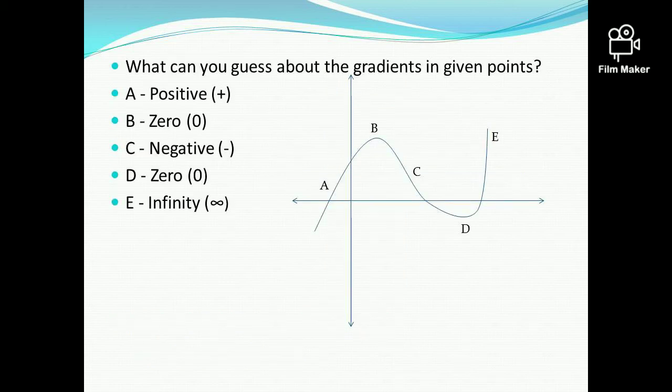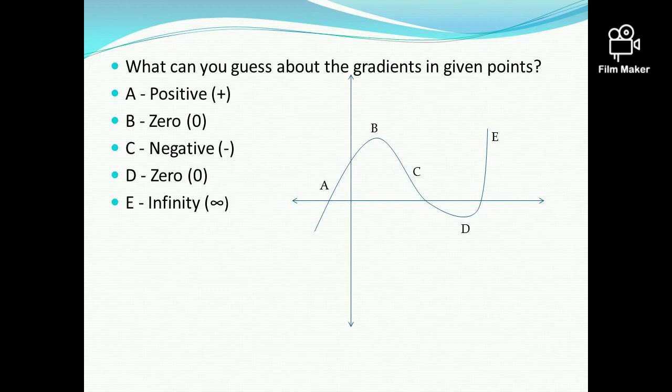Let's try to revise the theories we have learned from previous slides. If you consider the gradients at specific points, at point A, with that angle, the answer must be a positive value. Point B is a bending point. At that point B, the curve is parallel to the x-axis. Therefore, the gradient at point B should be 0.